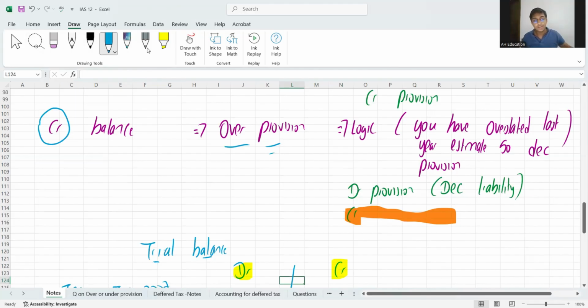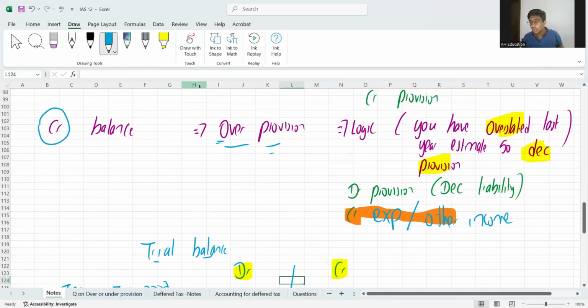So that means under my current year expense, I need to decrease. Can you see here? Debit provision and you credit your expense, or you can credit your other income, if it's an over provision.